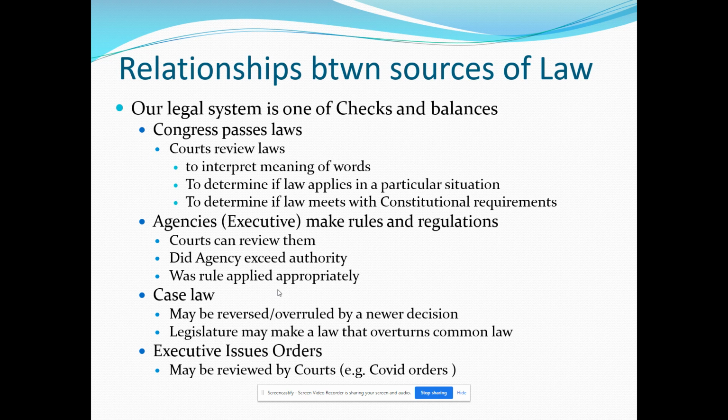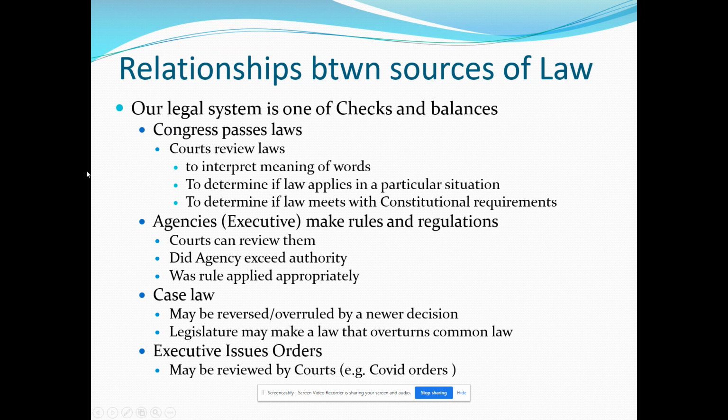Okay, we have our different kinds of sources of law. And in our legal system, our Constitution has set up a system of checks and balances so that one branch of the government doesn't run amok. There's checks by other parts of our government. Okay, so Congress or our state legislature, they pass laws.